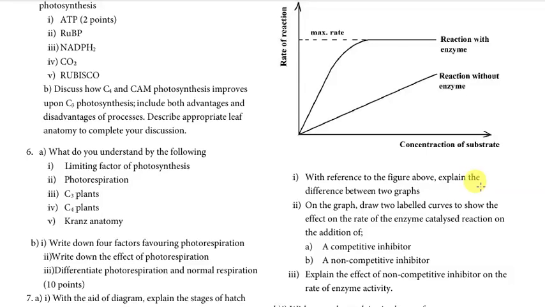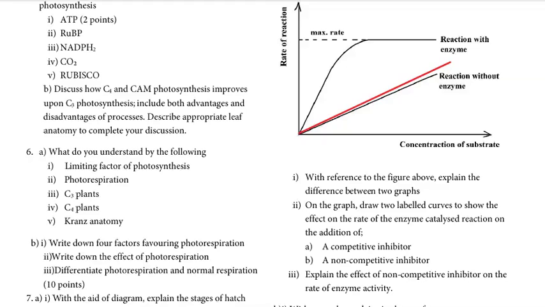It continues to work. So actually, if we add a non-competitive inhibitor, we expect our graph to be in those areas there. Why? Because a non-competitive inhibitor doesn't depend on the concentration of substrate.